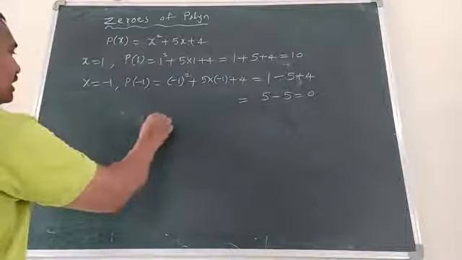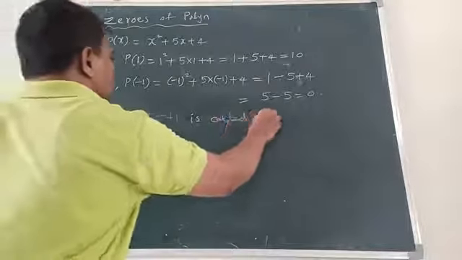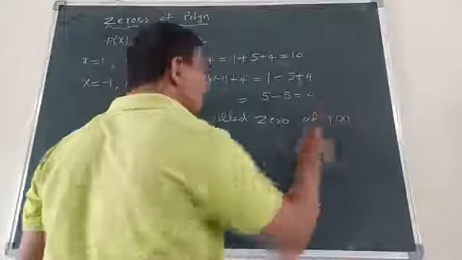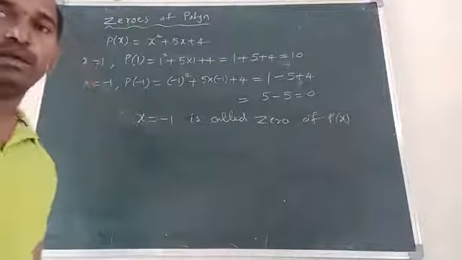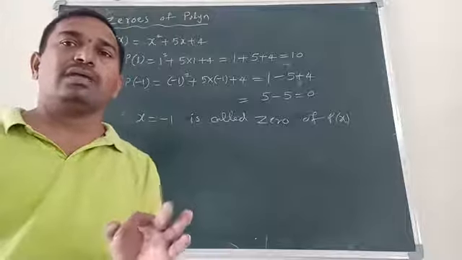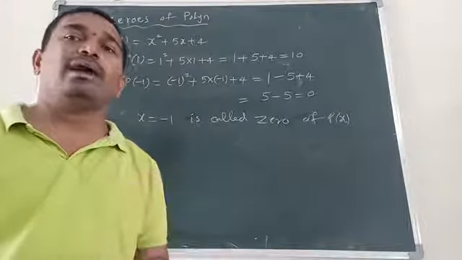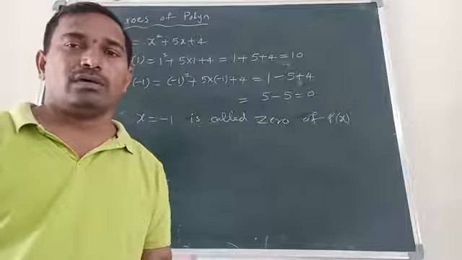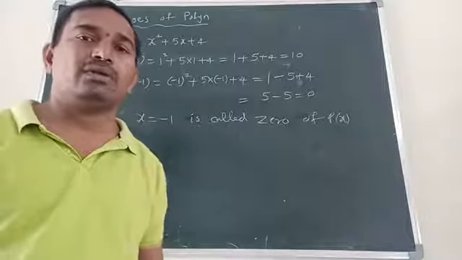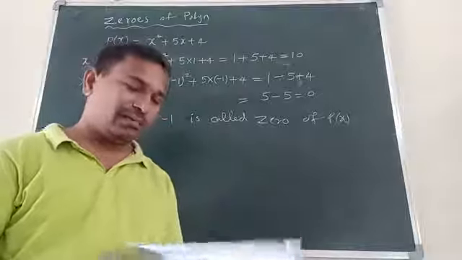So x equal to minus 1 is called a zero of the polynomial p of x. A zero of a polynomial means the value of x for which the polynomial value is 0. By substituting the value of x, if you get the polynomial value 0, that x value is called a zero of the polynomial.